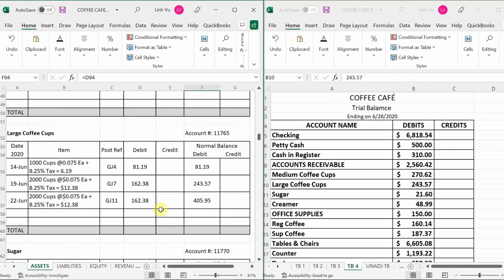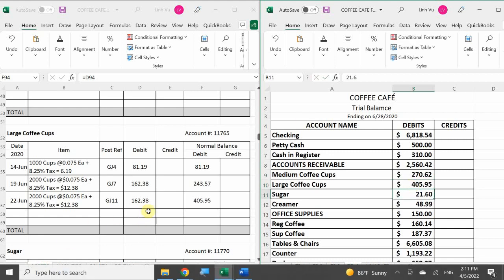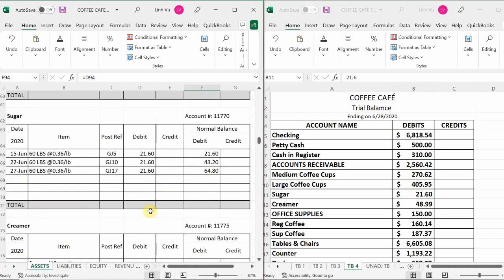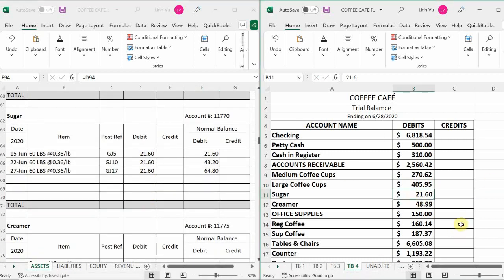My large coffee cups, $405.95. Okay. My sugar, $64.80. Okay. My creamer.